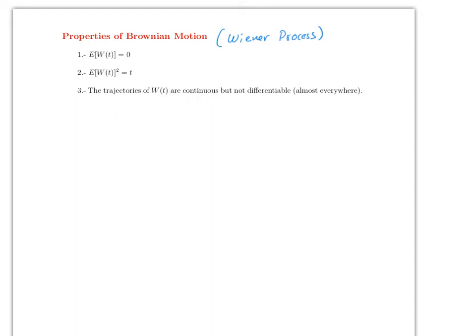So this is something that is very important, which is possibly something you have never seen before. The trajectories are continuous, but they are not differentiable anywhere. So the graph of the paths of Brownian motion look like this, which clearly you can tell that they are continuous. So you can see the paths are continuous, but they are not differentiable anywhere, which means the derivative doesn't exist anywhere.